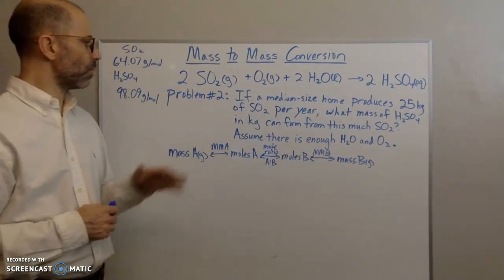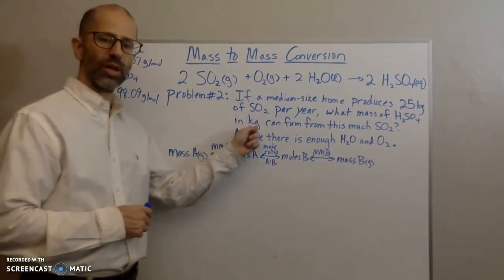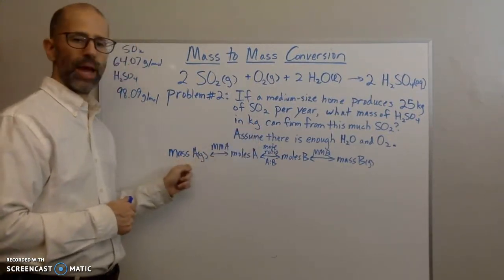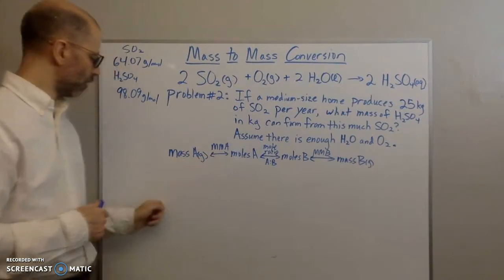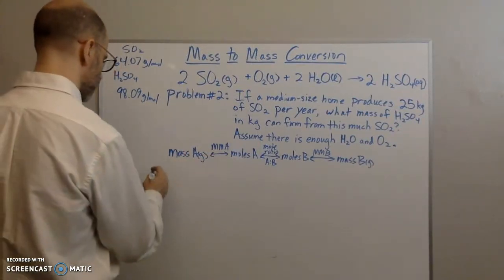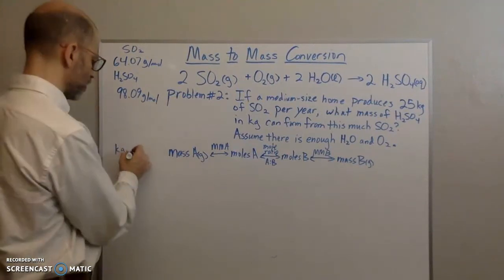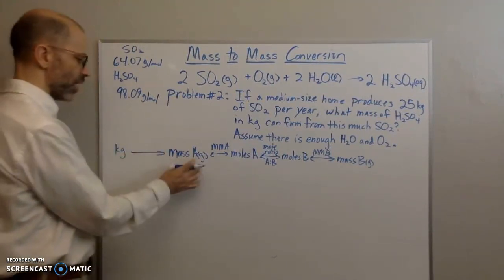However, they're telling us to start with kilograms. The road map starts with grams, so we're off the road. So we need to start with kilograms here, and we need to go to grams.